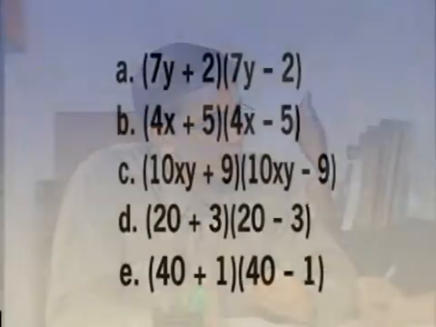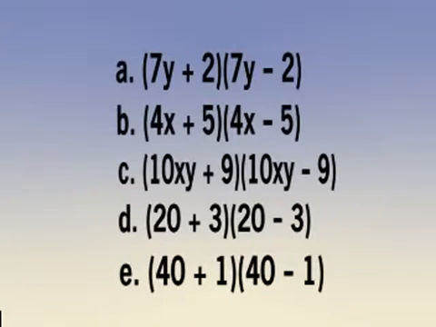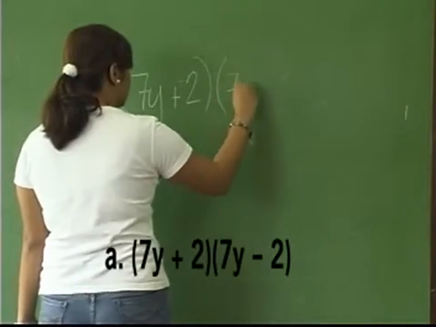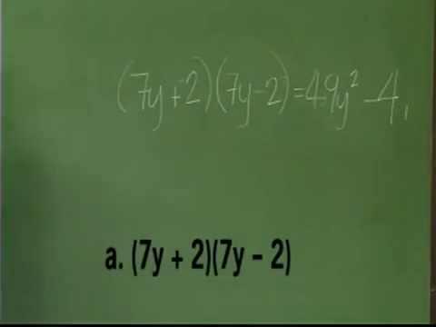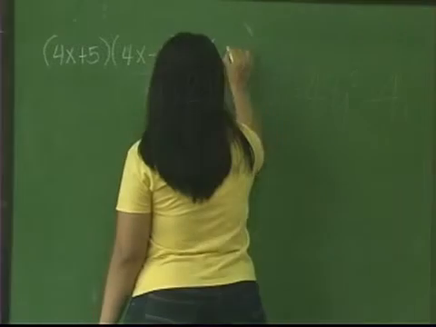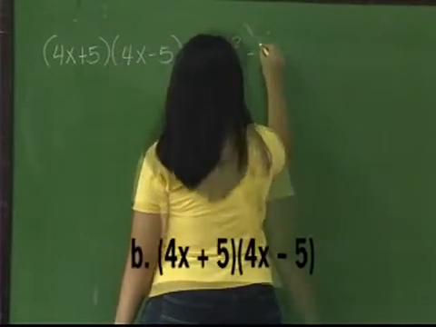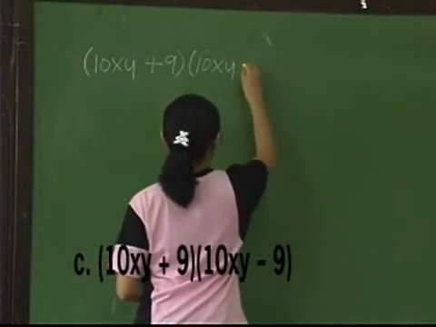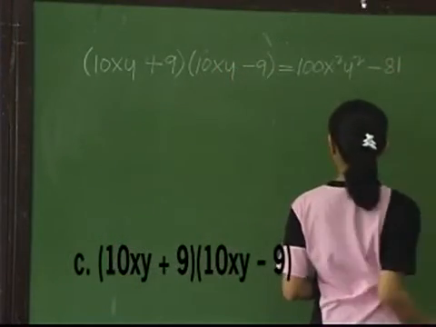Can you give the products of these pairs of binomials orally? 49y squared minus 4. Okay. 16x squared minus 25. All right. 100x squared y squared minus 81.